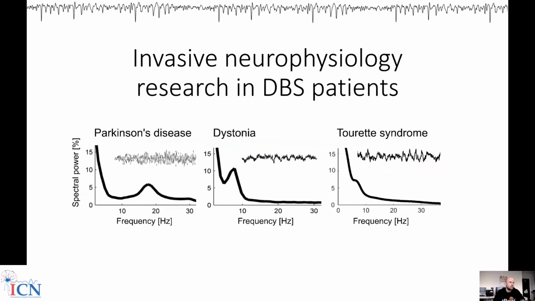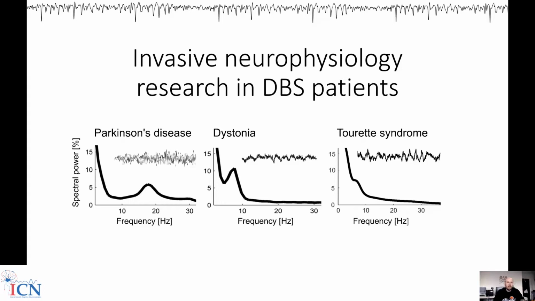But let's start with some very basic introduction on why we are interested in this. Over the past years, a lot of research has shown that it is possible to record specific patterns of LFP activity in different patients with different disease entities.